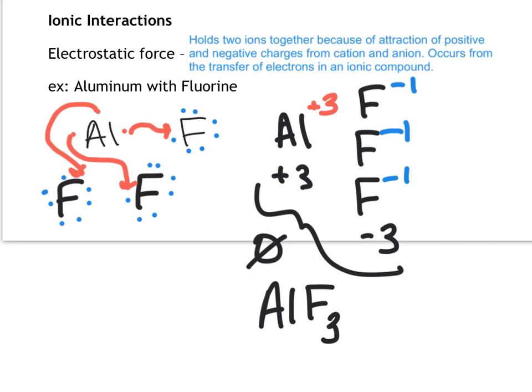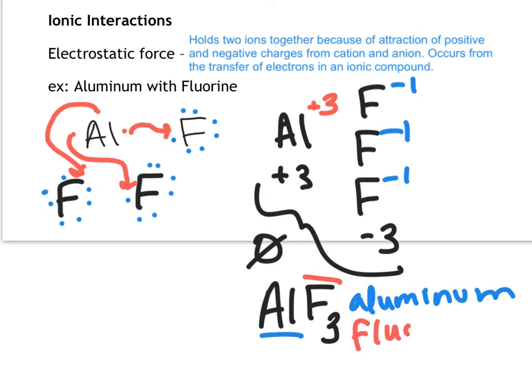I could have a 1 after my aluminum, but in chemistry we don't write 1s, so we just take it away, and we just have AlF3. This is also known as aluminum fluoride, because my cation's name is aluminum, and my anion's name is fluoride.